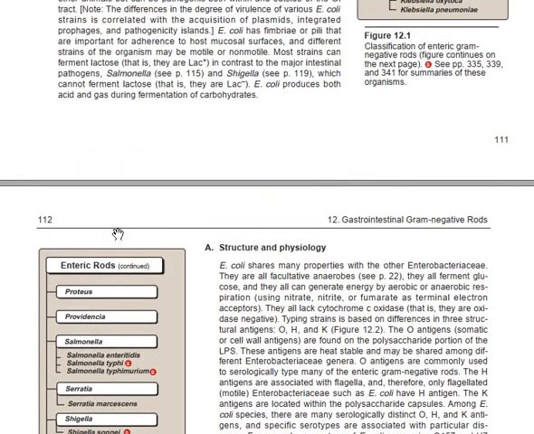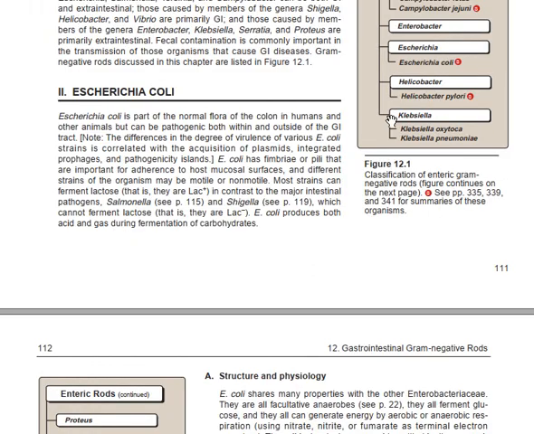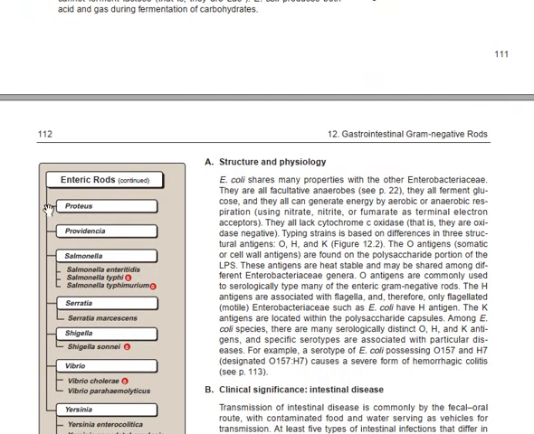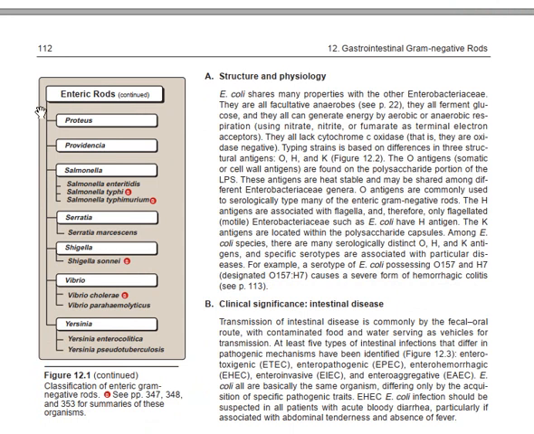We have Klebsiella oxytoca and Klebsiella pneumoniae. Continuing, we have Proteus, like Proteus mirabilis, Providencia, and Salmonella. Examples of Salmonella are Salmonella enteritidis, Salmonella typhi, Salmonella typhimurium, and even Salmonella paratyphi.